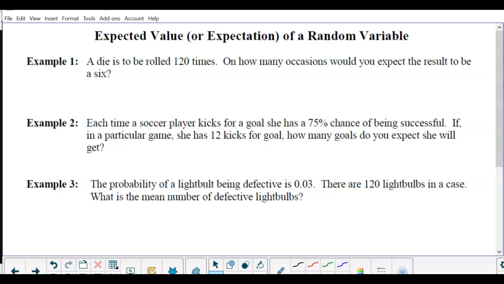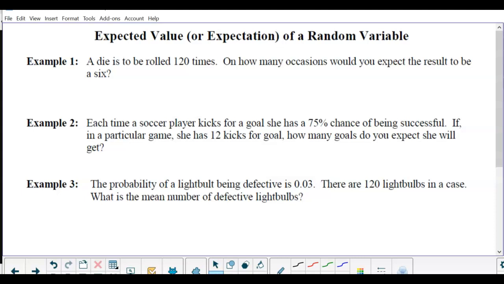This is basically using the theoretical probability to expect what would happen if you perform the experiment 120 times, or whatever situation it might be. So using the theoretical to figure out what would happen, not that you're actually going to do the experiment, but if you did.